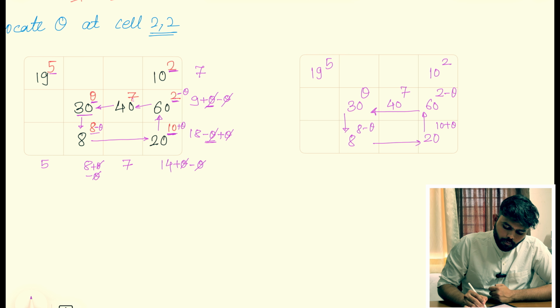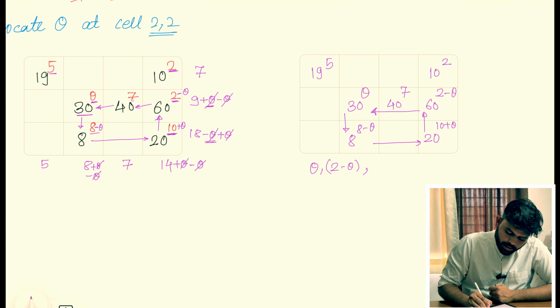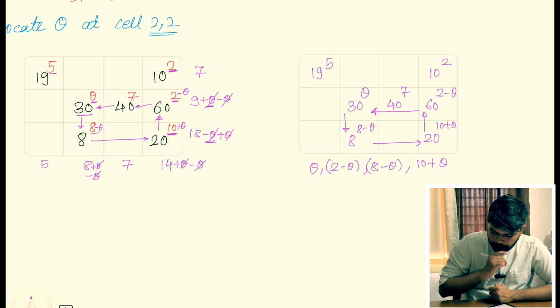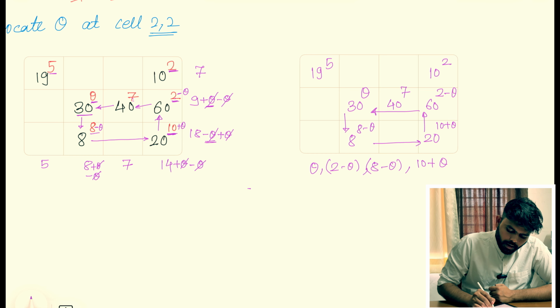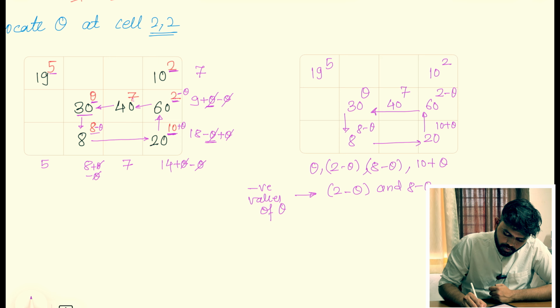Okay, so now we have a total of 4 values of theta. The 4 values of theta are theta, 2 minus theta, 8 minus theta, and 10 plus theta. So what we need to do is identify the negative values of theta. The negative values of theta are 2 minus theta and 8 minus theta.